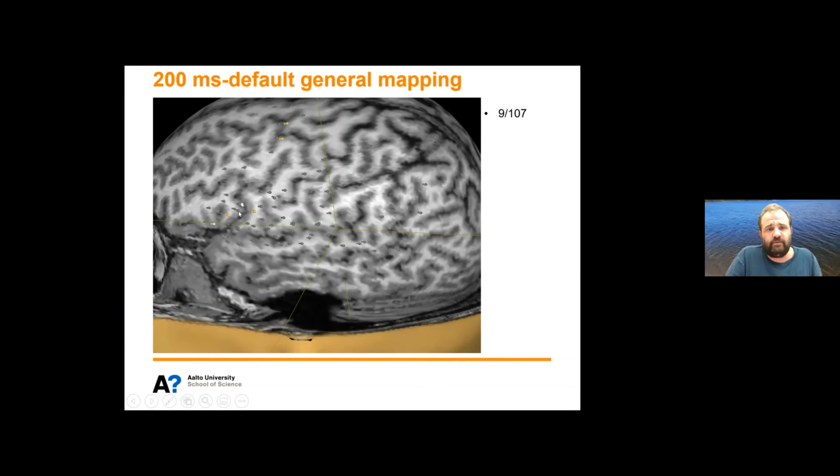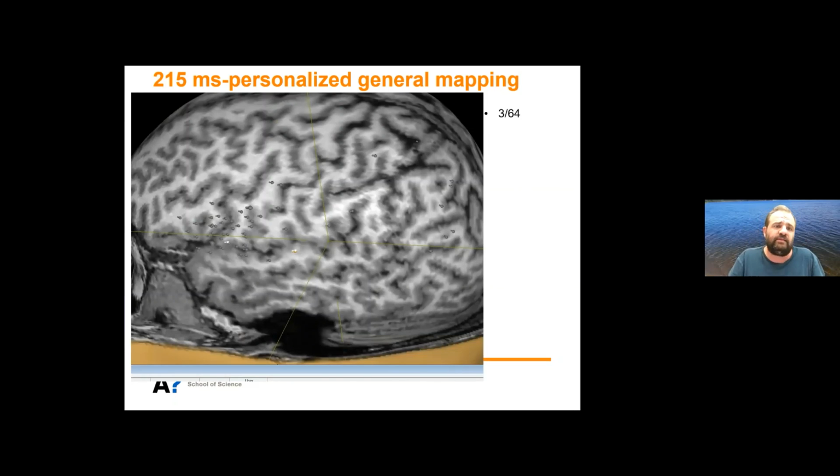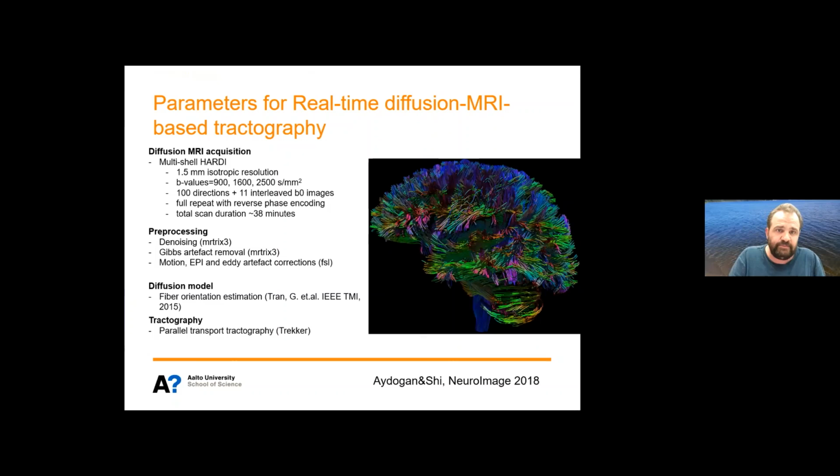And if, for example, we go to 215, we get even fewer. So this is a way of personalizing. MEG doesn't exist in all centers, but it can help a lot in personalizing the mapping.